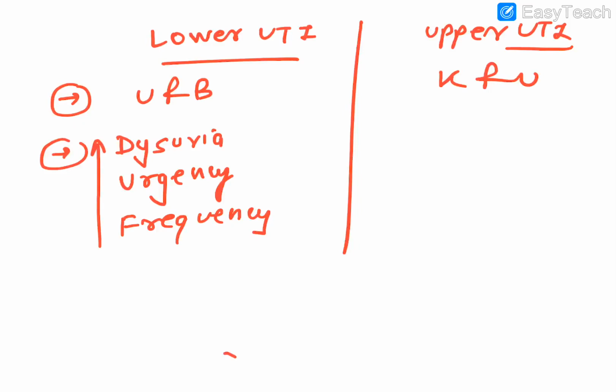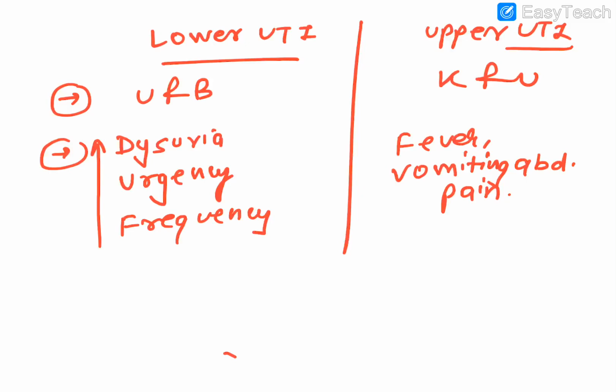Frequency, urgency, dysuria, all happen in lower UTI, whereas these features can also be there in the upper UTI, but the main ones are what? Fever, vomiting, and abdominal pain.